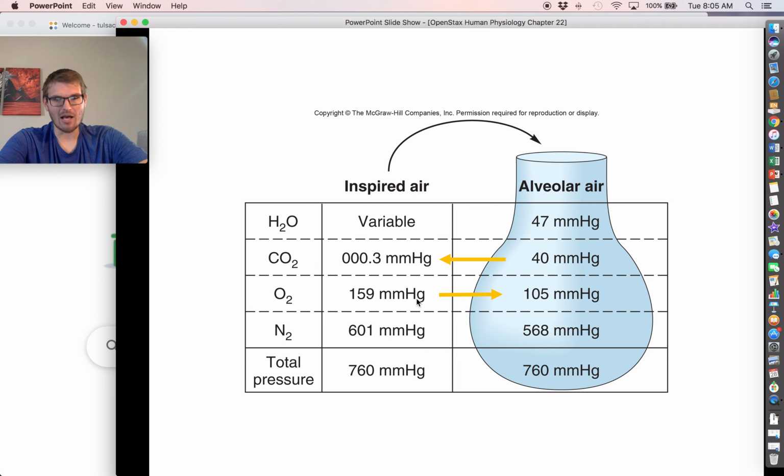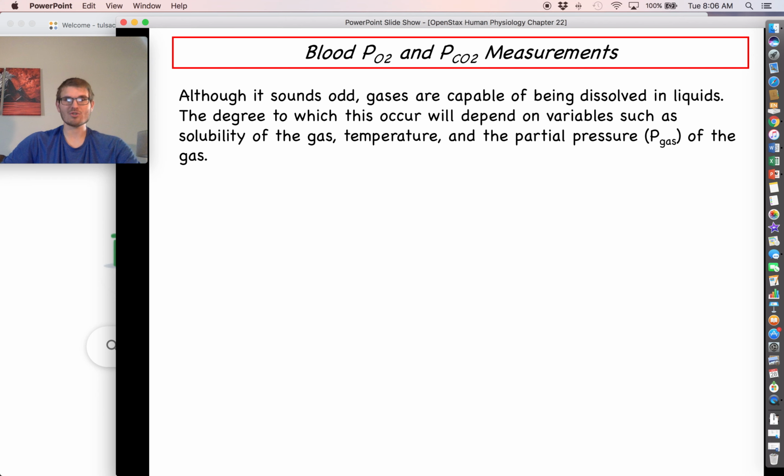Oxygen about 160 millimeters mercury. And then carbon dioxide is mostly negligible, because there's hardly any carbon dioxide, physiologically speaking, in the air that we breathe. But hopefully here, based on what is in the alveolar air, meaning air that is in the alveoli before you've even taken a breath, you can appreciate the pressure gradients for both oxygen and carbon dioxide, once again dictating the direction in which these gases like to move during the process of gas exchange.